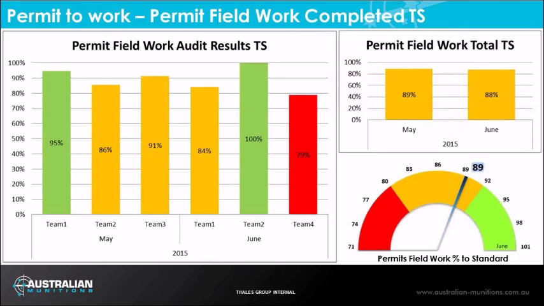The performance metric is displayed as permit field work percent to standard in the tachometer and the threshold metrics. The performance indicators are consistently presented with site performance as a tachometer and a threshold matrix by department represented as a bar chart. The individual threshold matrix aims to utilise social motivation as a mechanism for generating a willingness to take action when a performance metric falls below an acceptable level.